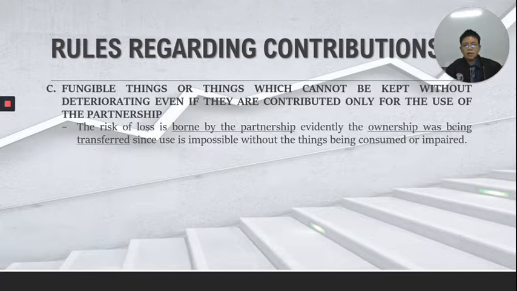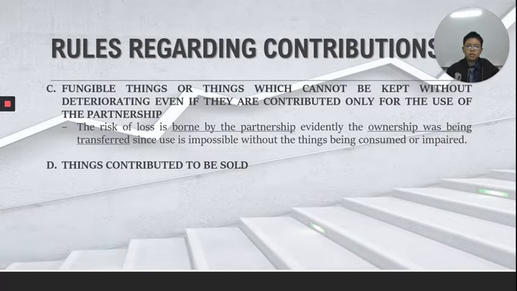Let us say, ano bang example ng fungible things? Rice or wine, etc. So, if you contribute rice to the partnership, obviously, hindi siya pwedeng gamitin nang hindi siya nauubos. So, pagka ginamit mo siya, mauubos siya, ito ay, pagka nawala itong object na to, partnership will bear the risk of loss. Kasi nga, nung ginamit mo siya, nawala siya. And remember, class, it is the partnership who will bear that loss.